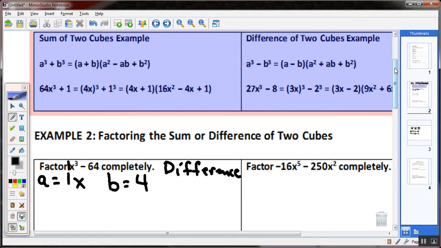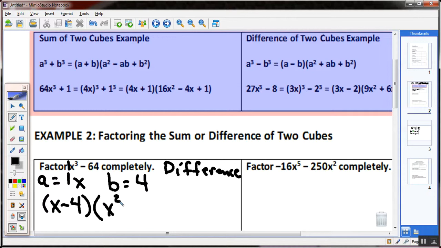And we're going to use this rule right up here, right? So by factoring, this is going to become a minus what, kids? So this is going to factor into 1x minus 4, and then times this stuff over here. So a squared. Let's see, what would a to the second be? What would 1x times 1x get you? x squared, all right.